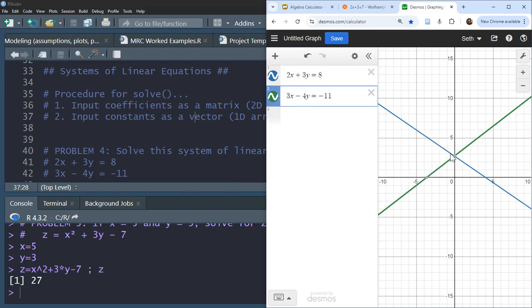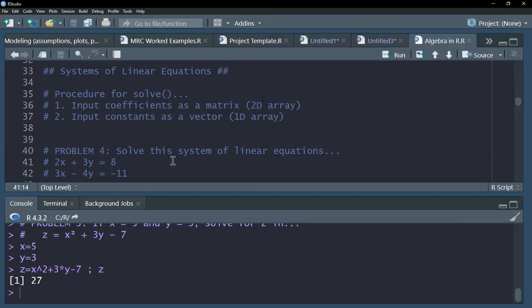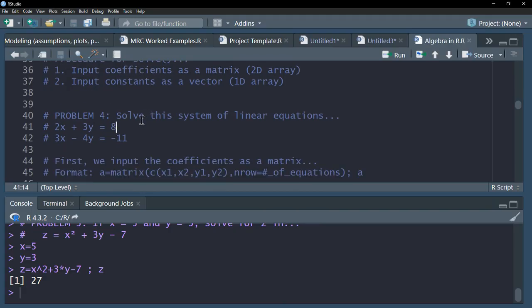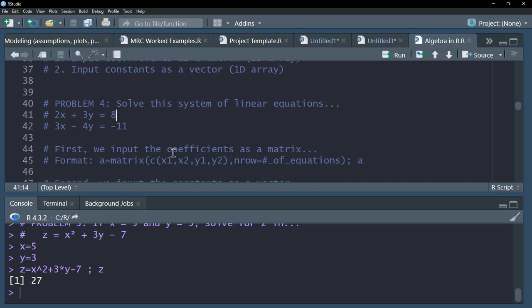Okay, so we know kind of what we should be getting. Let's figure out how to make R calculate that. So we'll use solve, we'll input our coefficients as a matrix, and then our constants as a vector. So first I'm just going to create something called A. I'm going to assign A, and it's going to be a matrix.